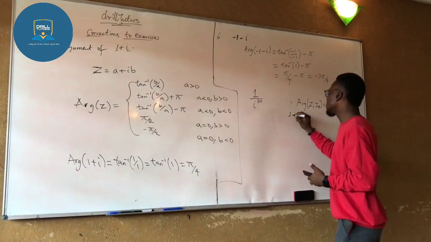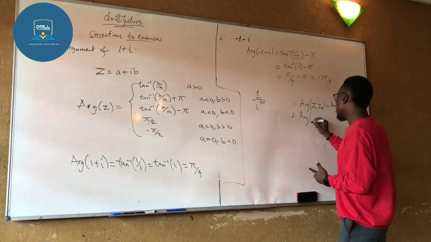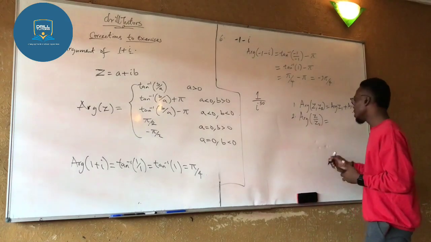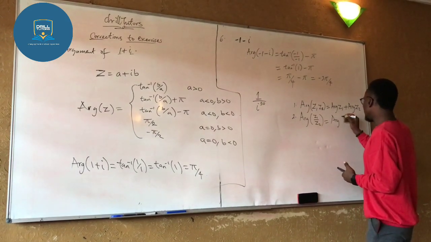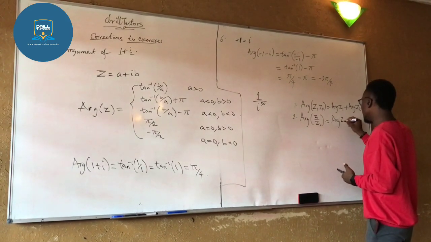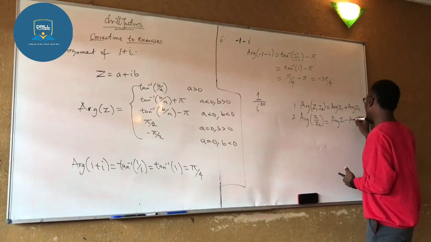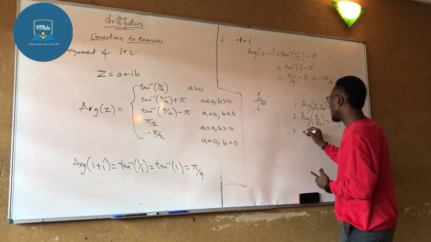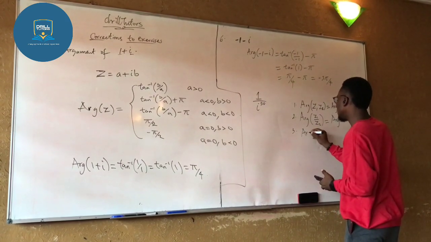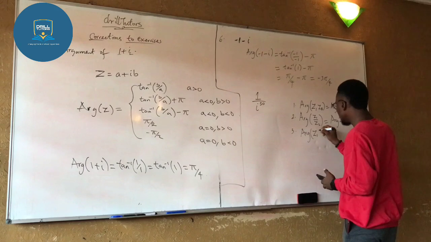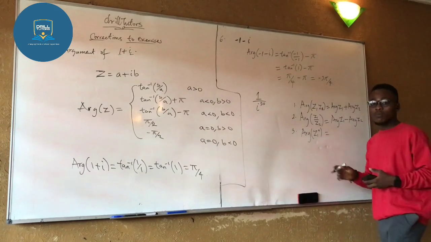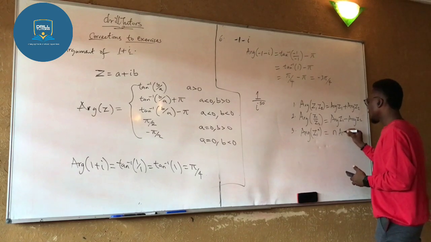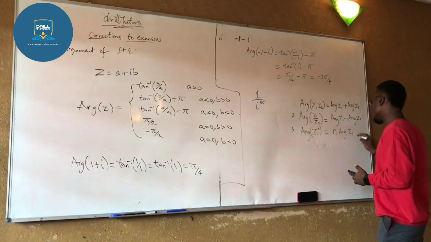The second is that the argument of z1 over z2 is the argument of z1 minus the argument of z2. And the third is that the argument of z1 raised to power n is simply n multiplied by the argument of z1.